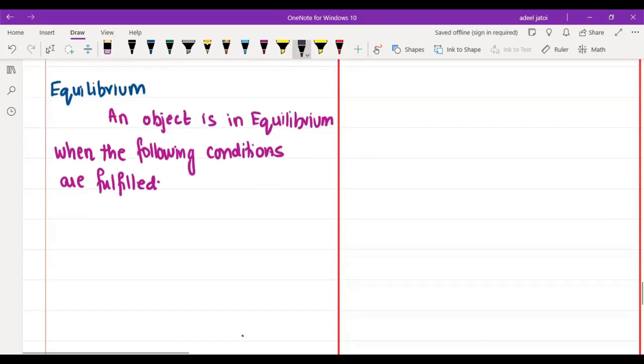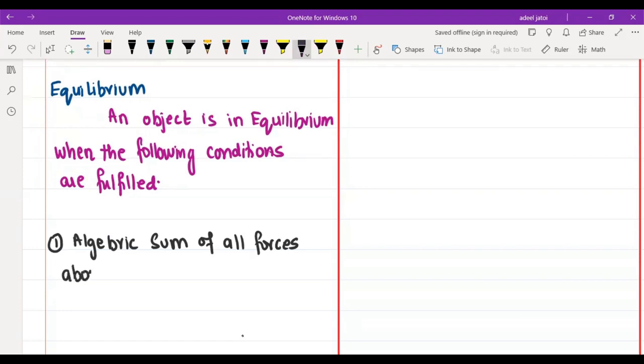Condition number 1, the algebraic sum of all forces about a point are equal to 0.